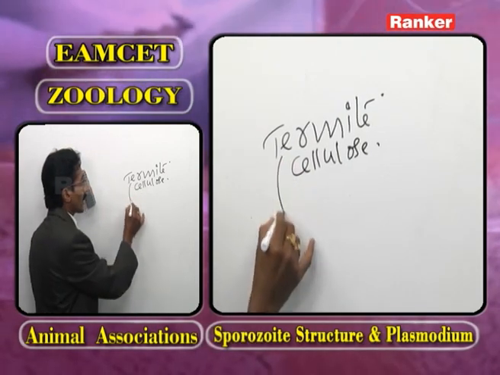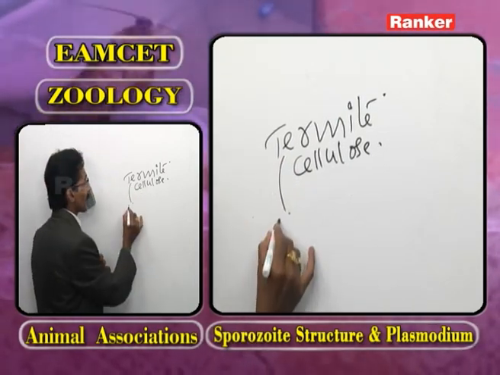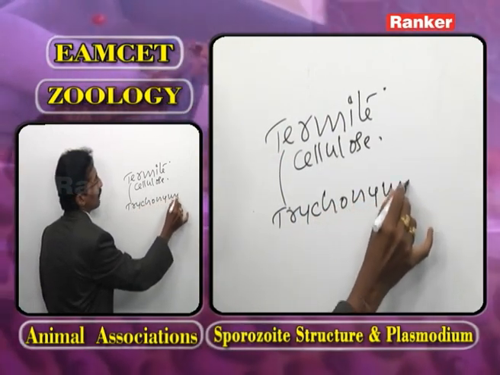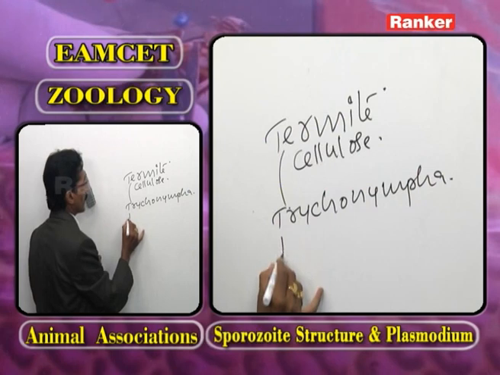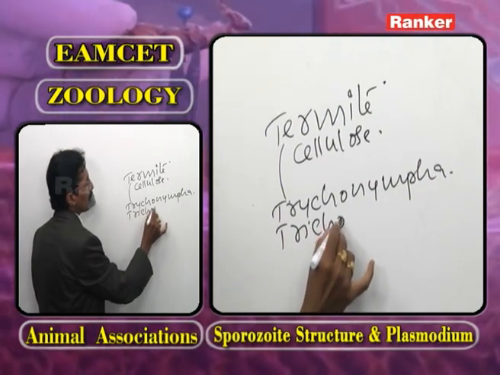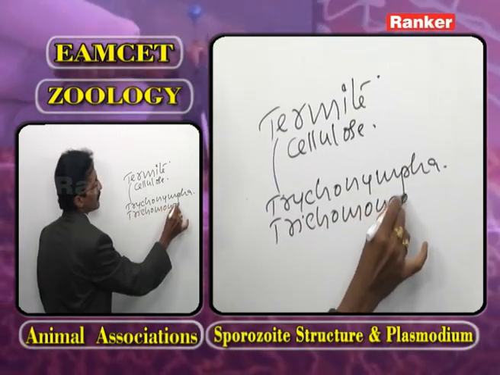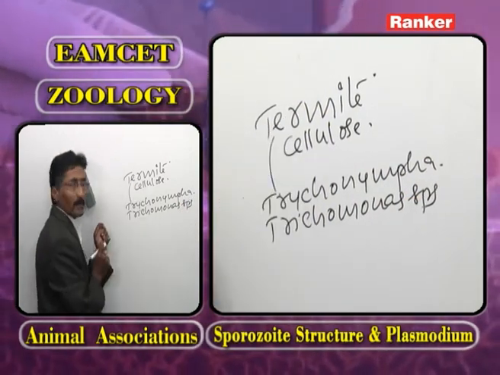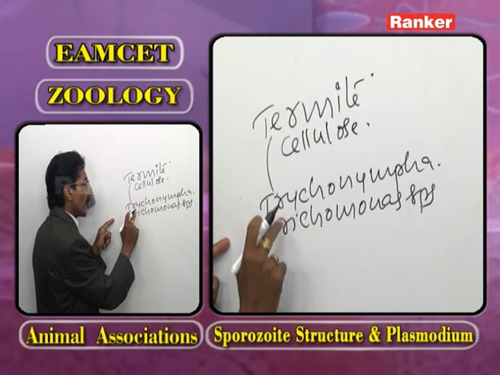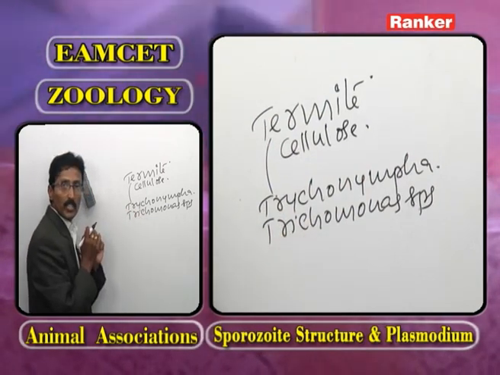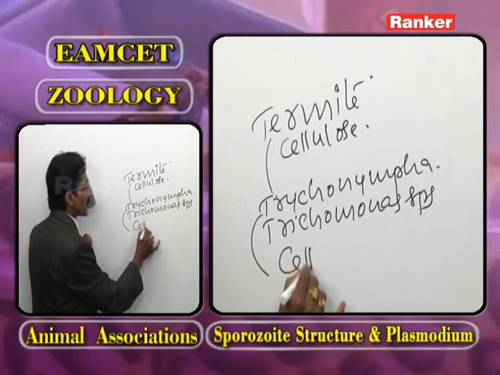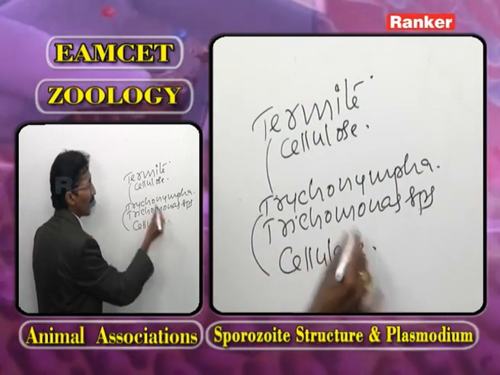But in the alimentary canal of the termite, what is present? Trichonympha as well as Trichomonas species are present. These two secrete an enzyme called cellulase.